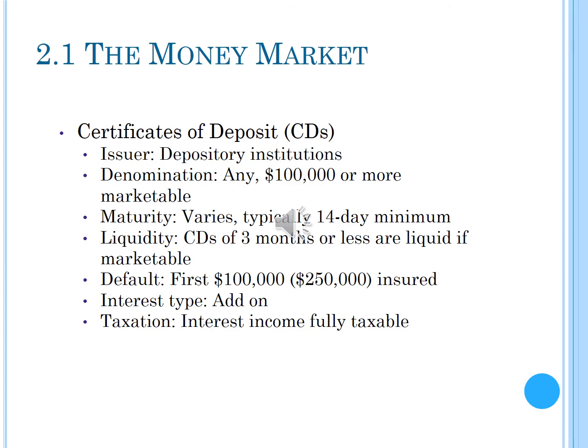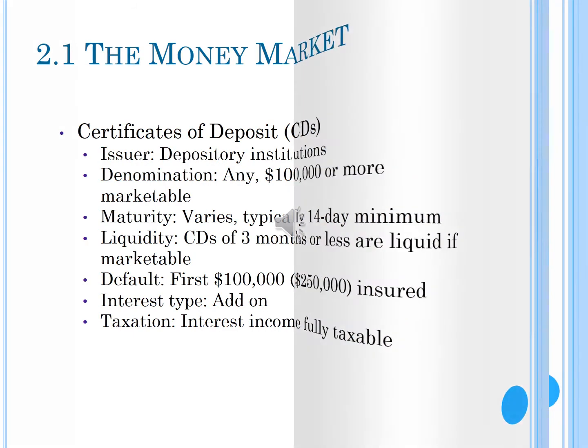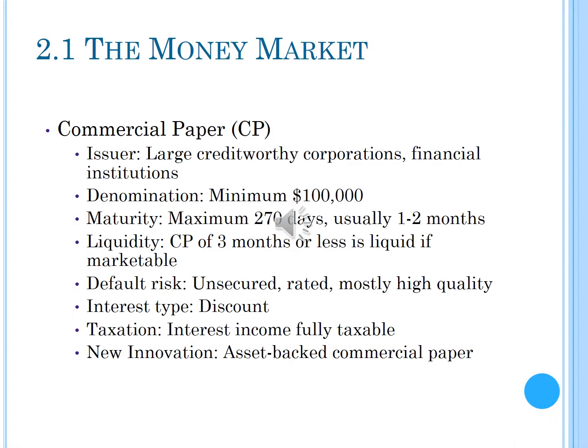Okay. The next money market instrument we're looking at is called commercial paper. They're also usually referred to in short as CPs. The typical corporation is a net borrower, as we know, of both long-term funds and short-term funds.